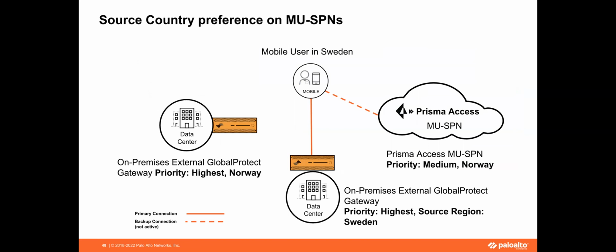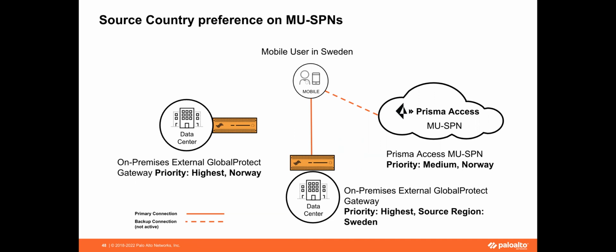So how will the users select the MUSPN? GlobalProtect clients will first prioritize an enabled gateway within the same country that the user resides in, regardless of the set priority or latency test, and whether it is an on-premises gateway or a Prisma Access cloud-based MUSPN.